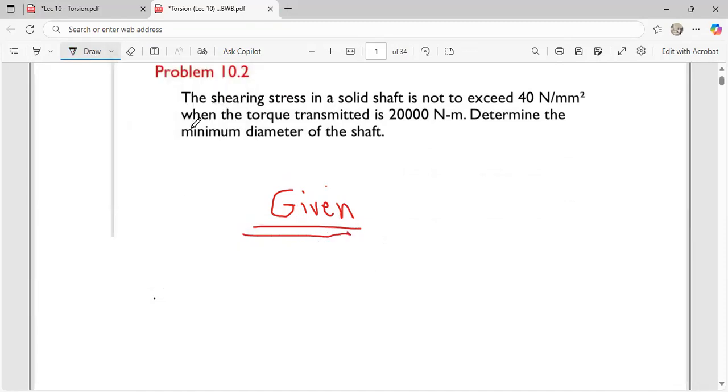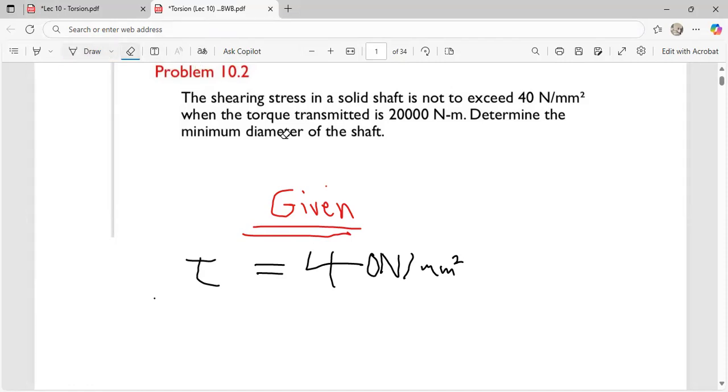First of all, they say the shear stress in a solid shaft is not to exceed, and this is the symbol for our shear stress. It's not to exceed 40 Newton per mm squared, when the torque transmitted is 20,000 Newton meter.